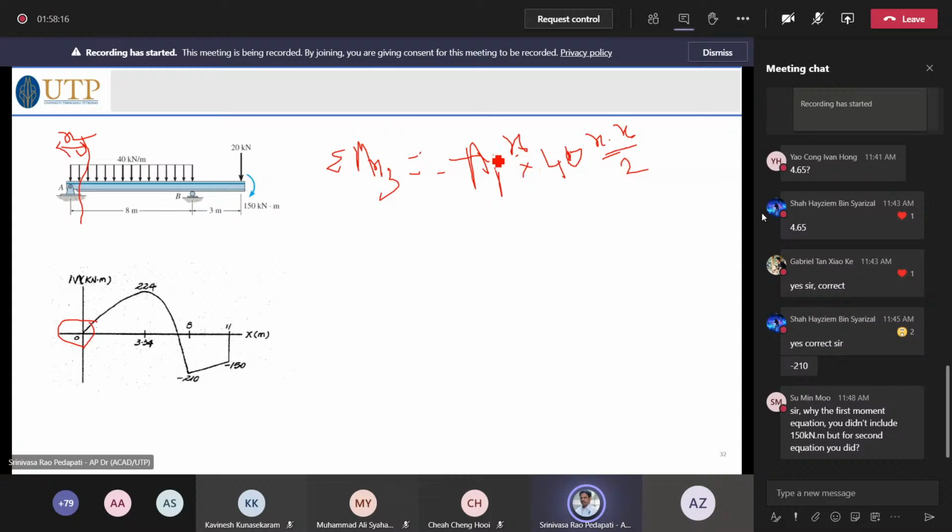And suppose x is 1 meter, then Ay times 1 minus 40 times 1 into 1 by 2, that means 20. What we want to know is one important point: where is the moment maximum, because up to some point it is increasing, later it will decrease. Why does it decrease later?